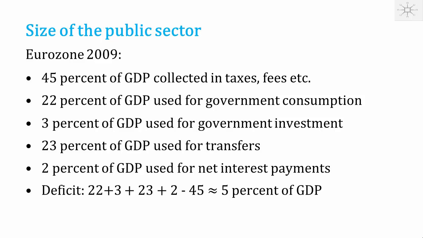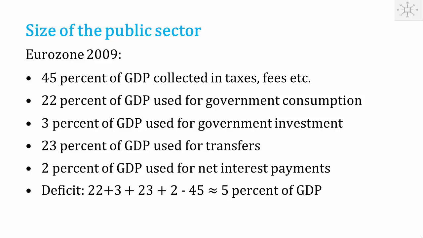So this is things like expenditure on government-financed healthcare, government-financed education, defense, police, and things like that. And then 3% of GDP was used for government investment, and that is building of roads and schools and purchases of fighter jets and so on. So government consumption and investment is a quarter of GDP.